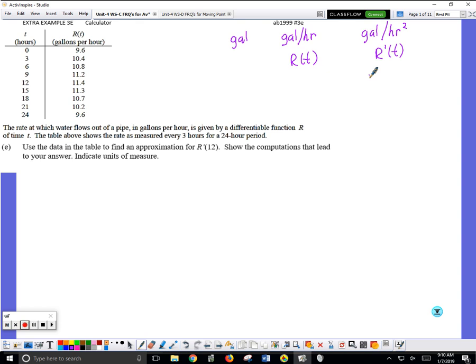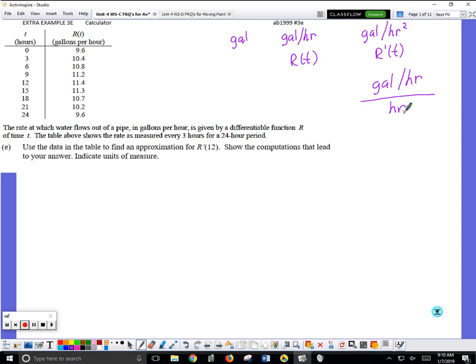Please. How did you get the gallons per hour squared? So that comes from the fact that if I have this, and I'm taking a derivative of this, I'm finding a rate at which this changes. So that would be gallons per hour, because this is the rate at which this rate is changing.